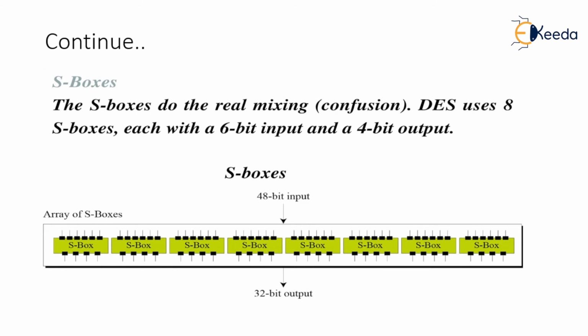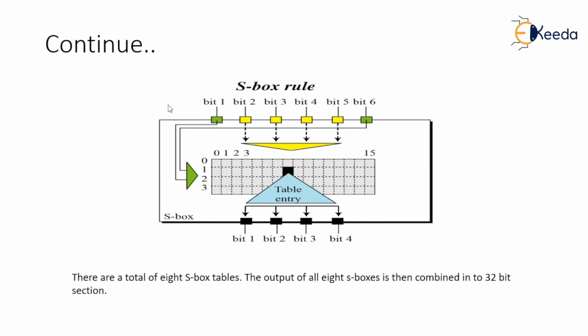Every single box gives an output of 4 bits, which together give the 32-bit output. Of the 6 bits, the first and last bits are neglected, and only the middle 4 bits are taken as the output. This we have seen in the previous slide itself. There are a total of 8 S boxes, which give the combined output of 32 bits.